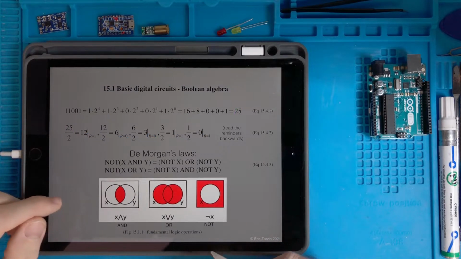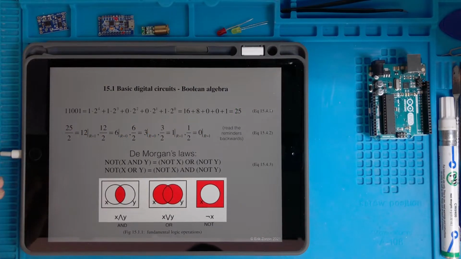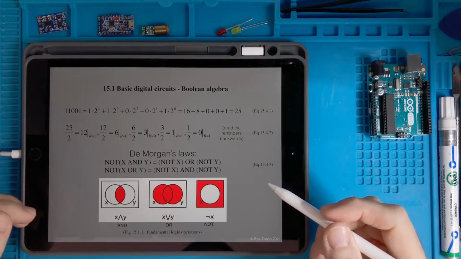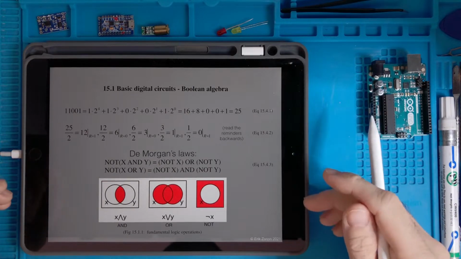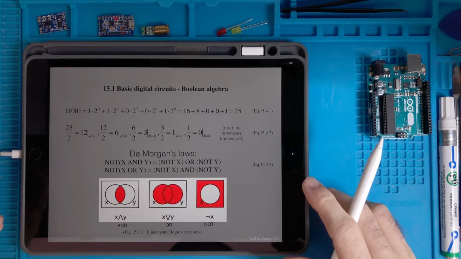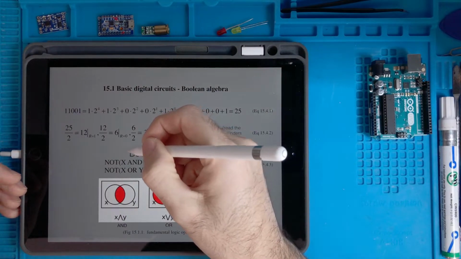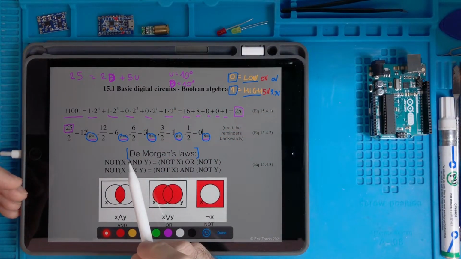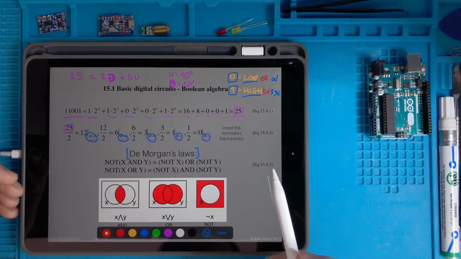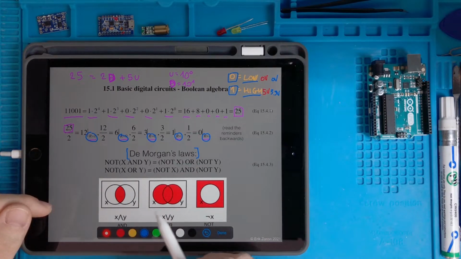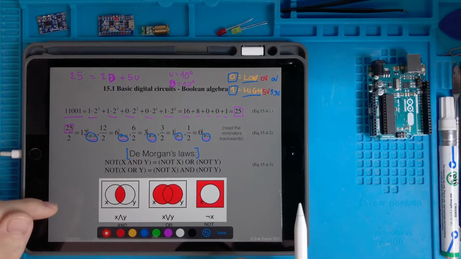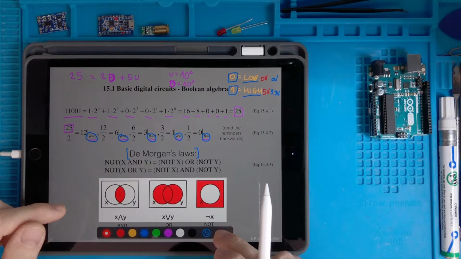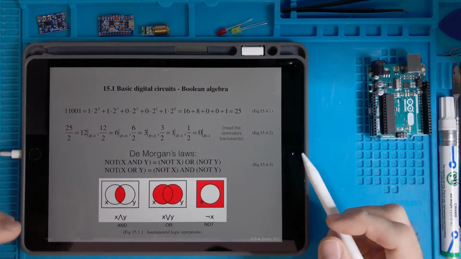Okay, so then there are another couple of things we need to speak about. So there are theorems, laws, such kind of things, mathematics. One very important set of laws are those two laws, which are called De Morgan's laws. So here we have a picture with a representation of sets, which can be read this way.